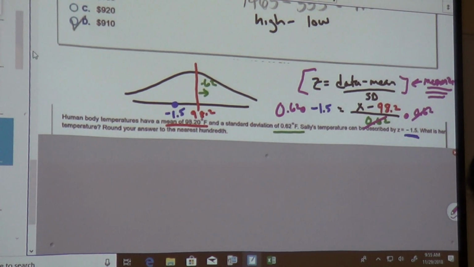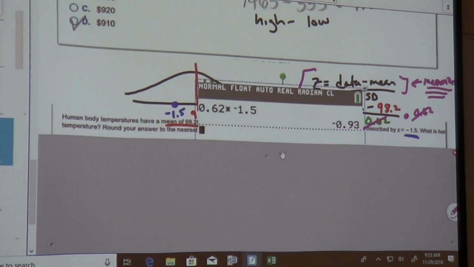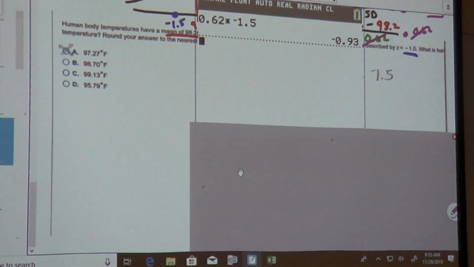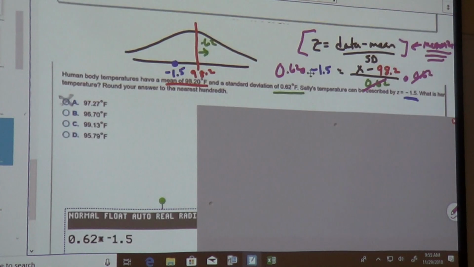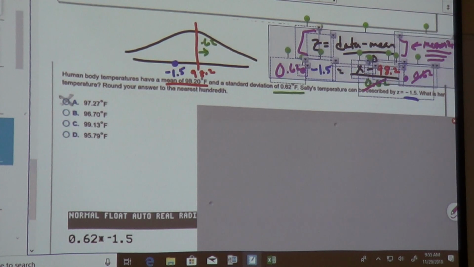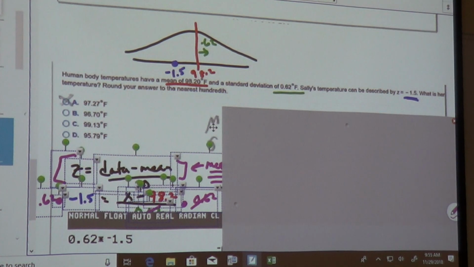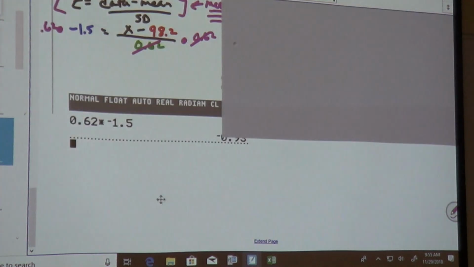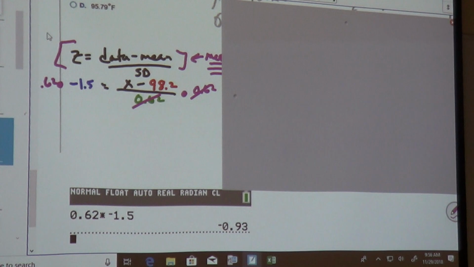Okay? So on the front side, I have 0.62 times -1.5. Let me copy all of this and pull it over here.